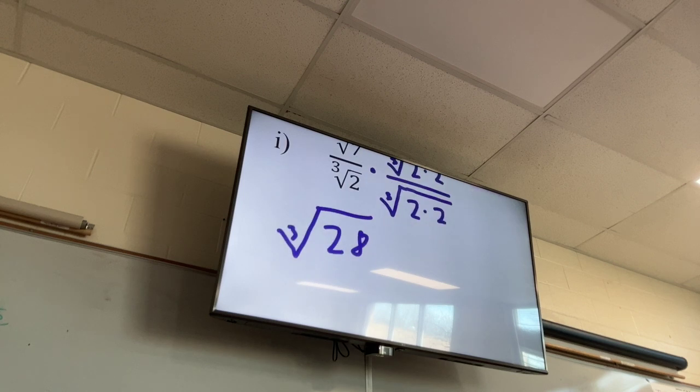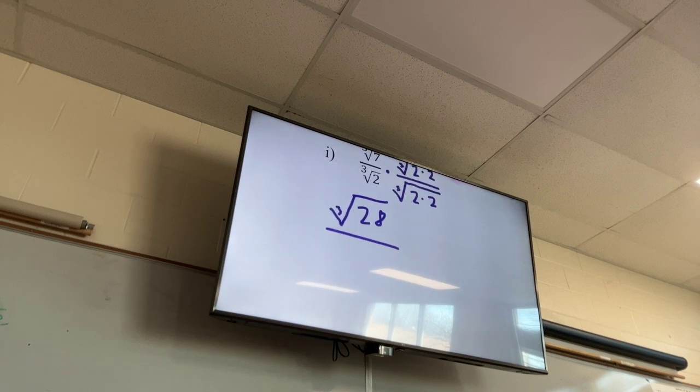On the bottom, I'm going to get cube root of 2 cubed, because the number outside my radical in the bottom is 3. So I need to have 3 cube root of 2's in the bottom.